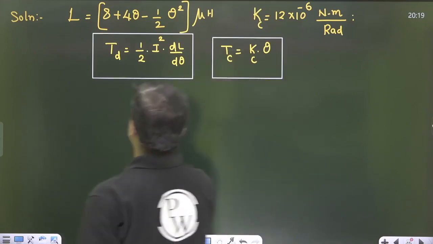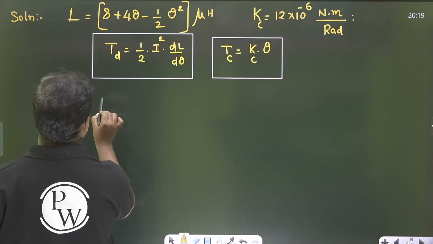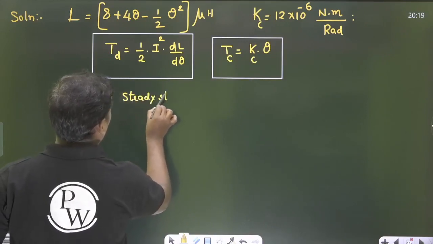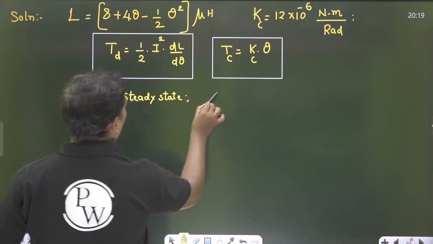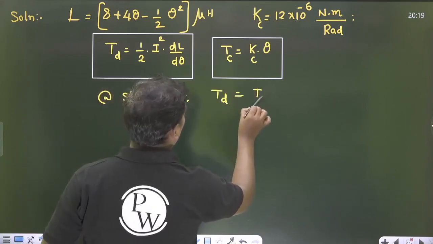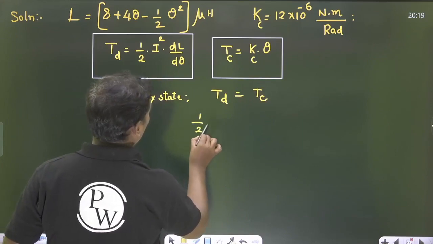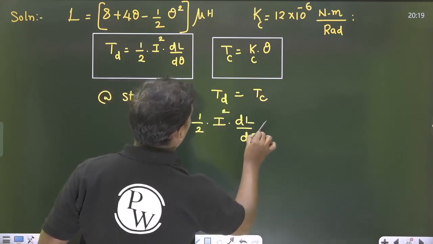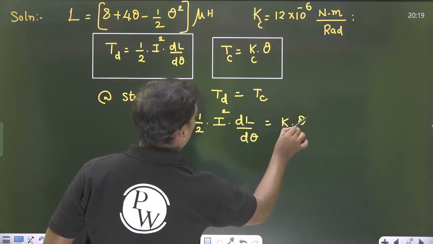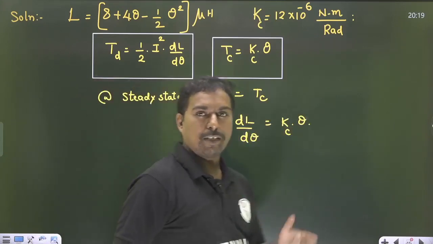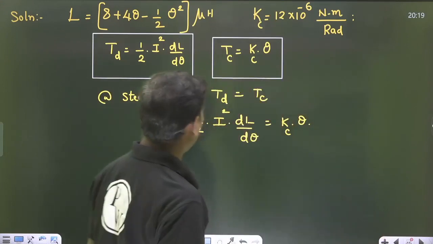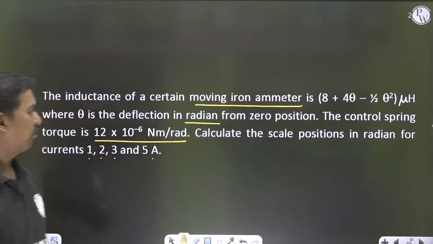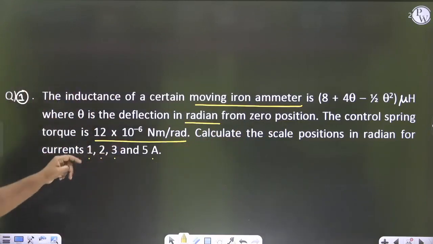At steady state, the deflection torque and controlling torque are equal. So 1 by 2 I square dL by d theta is equal to Kc theta. The question asks for the value of the deflection for the different currents.